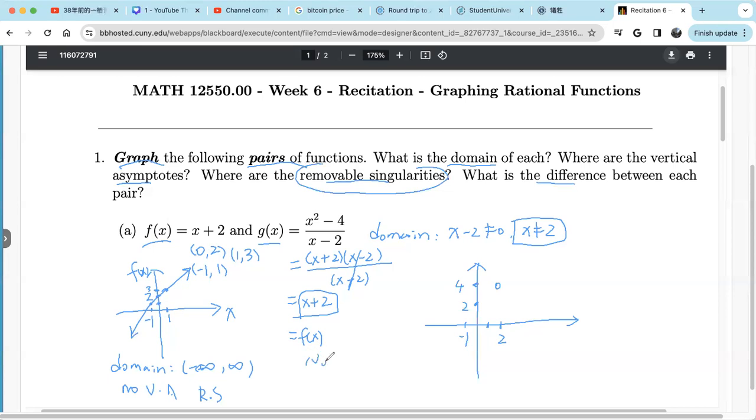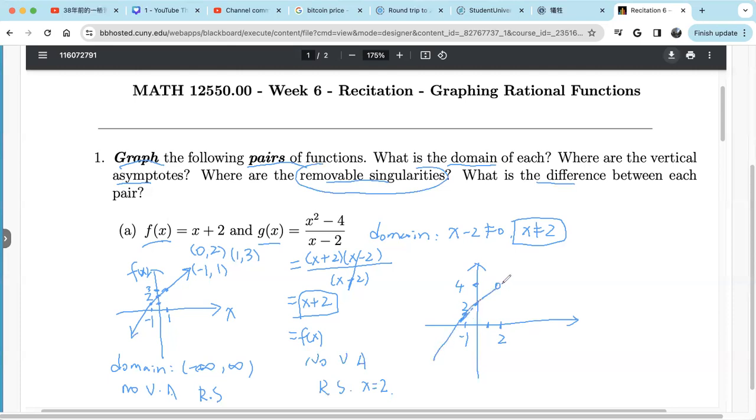So this one has no vertical asymptote, but a removable singularity at x equals 2. Removable singularity means this open circle. All right.